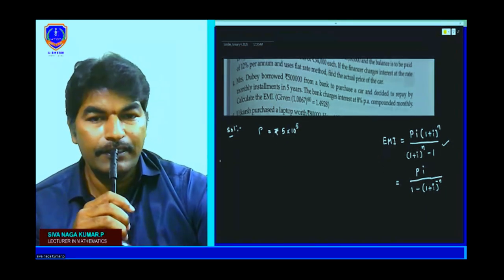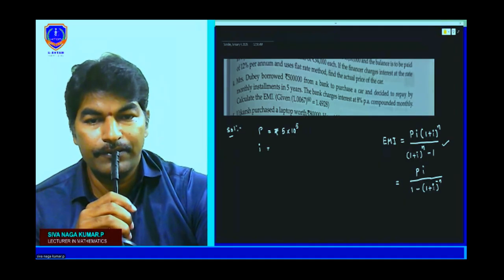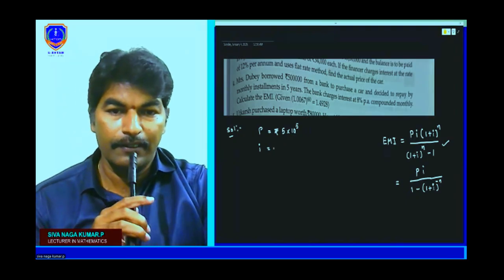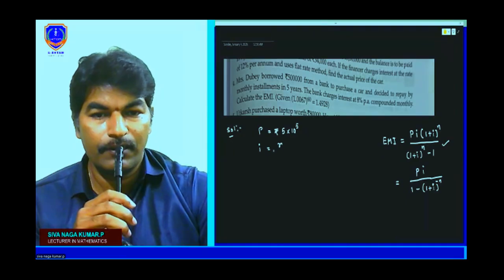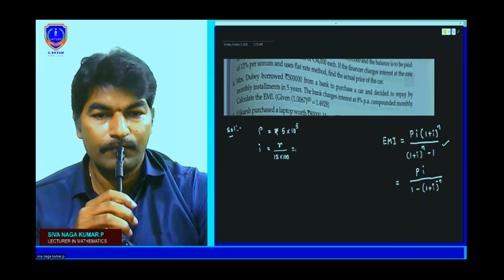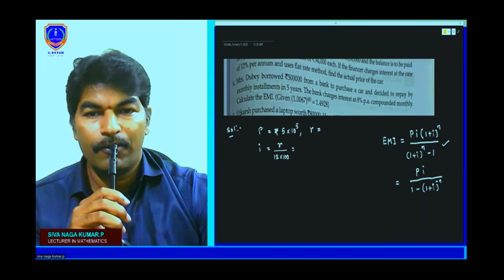Okay. After fixing the value of P, let's calculate I. These are the main important facts, and also the time period. We already talked about this: I will be calculated by R by 12 into 100. What is the rate of interest they are mentioning in the problem?